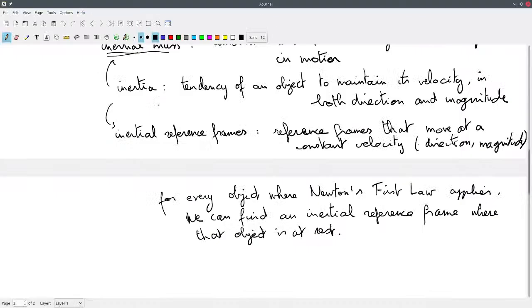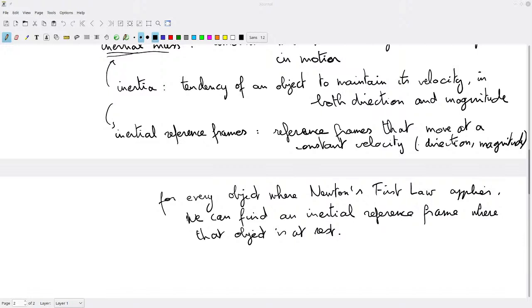Okay. So then the other thing we can talk about, let's skip this here. We can talk about equilibrium, which is a situation when there's no net force on an object. So of course then an object that's at rest will remain at rest. An object that's moving will remain moving, but there will be no acceleration.